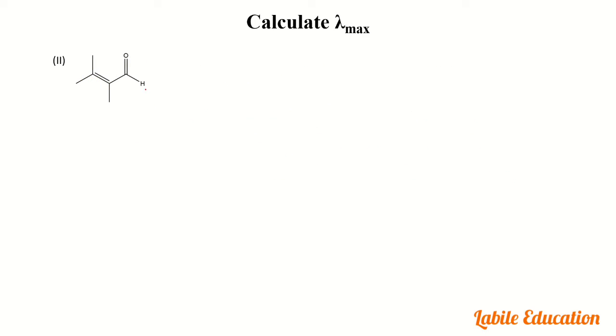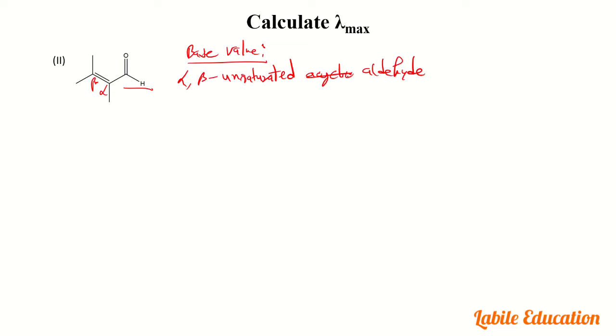Now this is the second example, and this is a different case. Here the group is an aldehydic group. So the base value for this, this is alpha, this is beta, so this is an alpha beta unsaturated aldehyde.